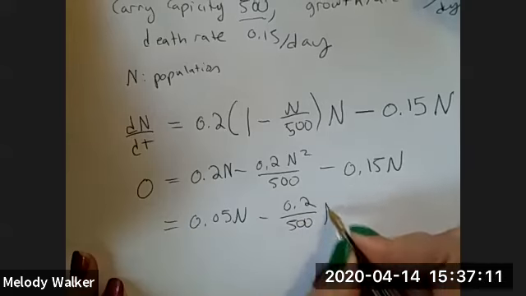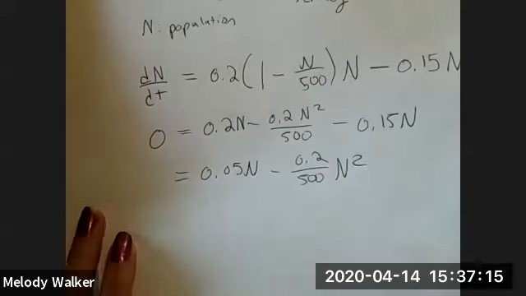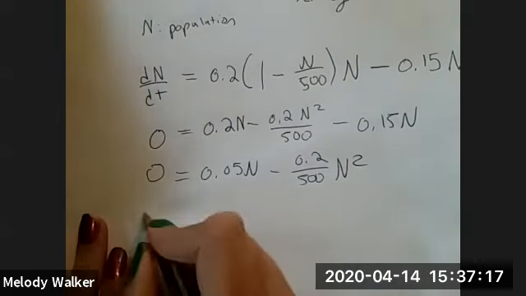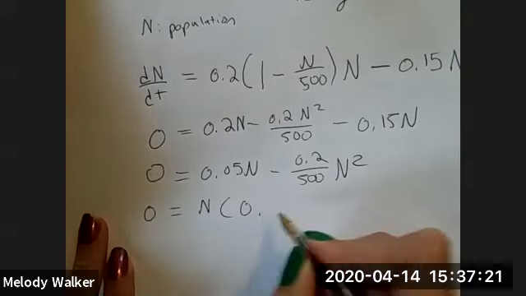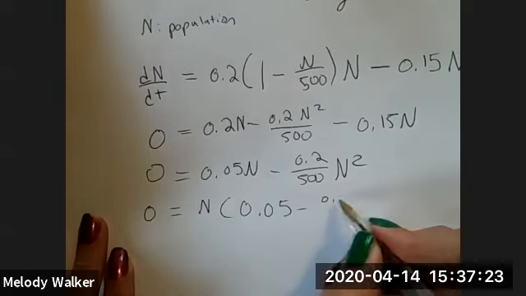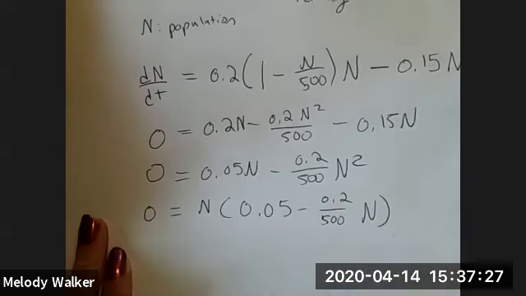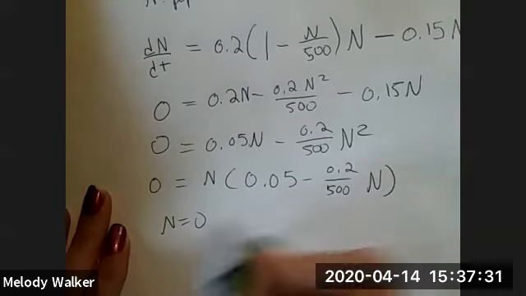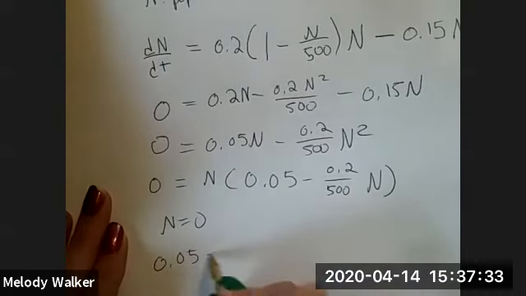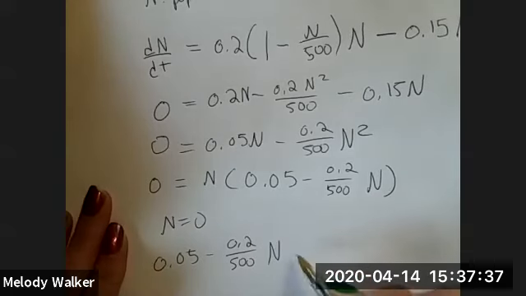And then because I have an N squared and an N, remember this means that I need to factor. We don't want to solve directly or I'll lose some information. So each of these could be a critical point: N equals 0, and 0.05 minus 0.2 divided by 500 N equals 0.